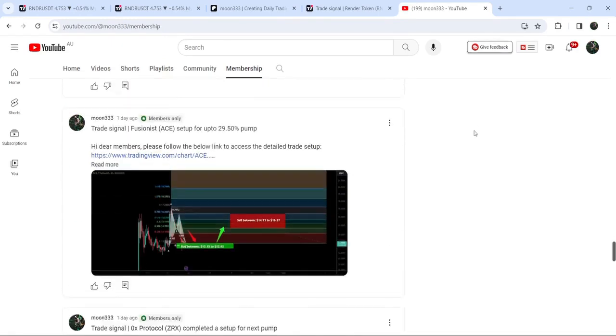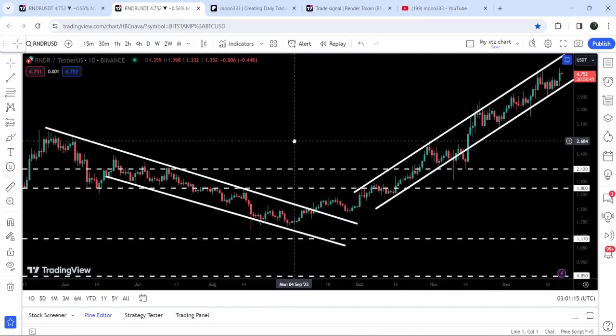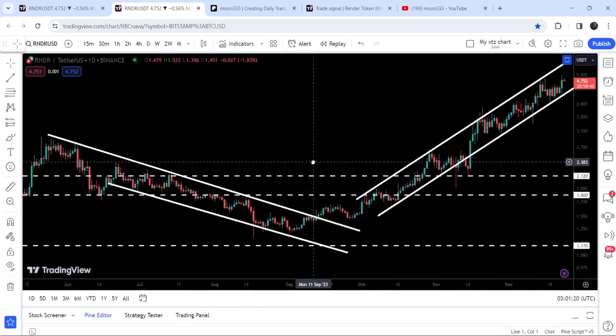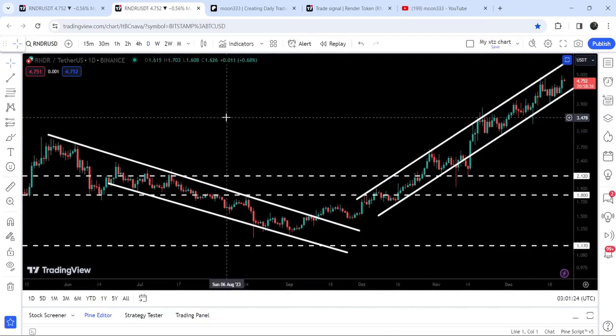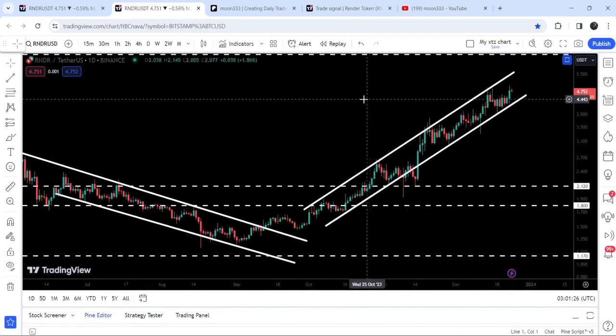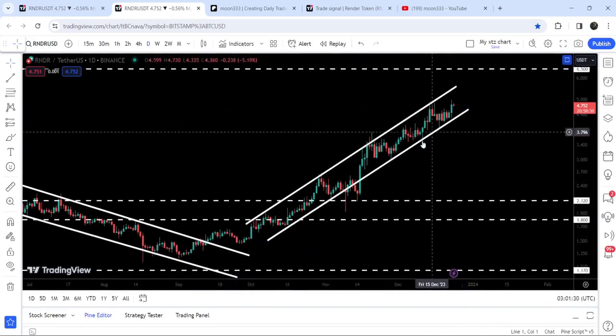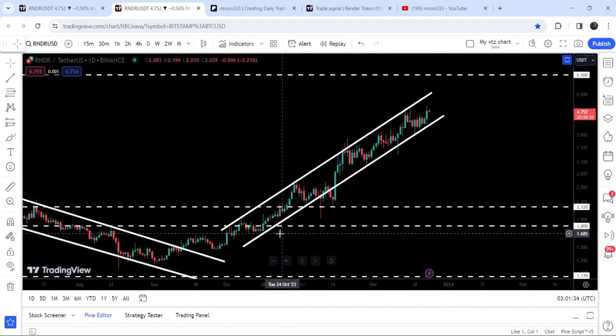Now let me take you to the live chart of Render, and this is the daily time frame chart. And you can see that on this daily time frame chart, first we broke out this channel. The target for this channel was here at the top of the channel, approximately at $2.93, and you can see that the price then rallied beyond that target, and now it is tucked inside in this up channel. And if the price then breaks down the support, then the target to the downside can be here, approximately at $1.67.